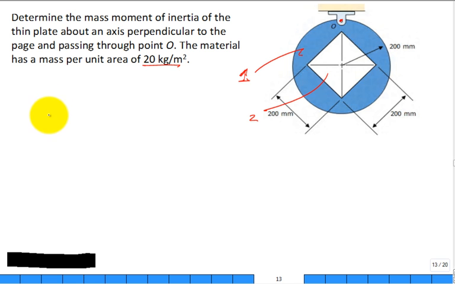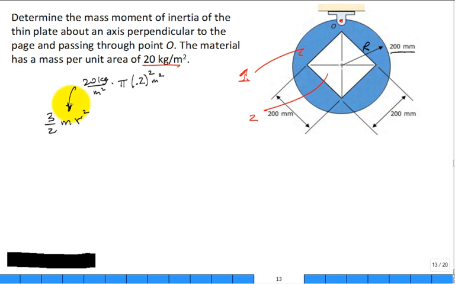So it's going to be 3/2 the mass times the r squared. This mass will be this 20 kilograms per meter squared times that area. What is that area? Isn't it pi r squared, which is 0.2, isn't this r right here, 0.2 squared? 0.2 meters squared.